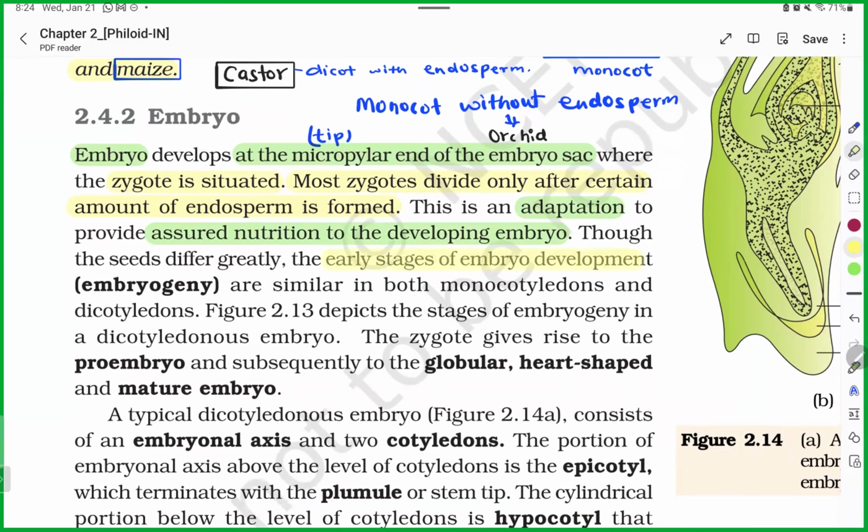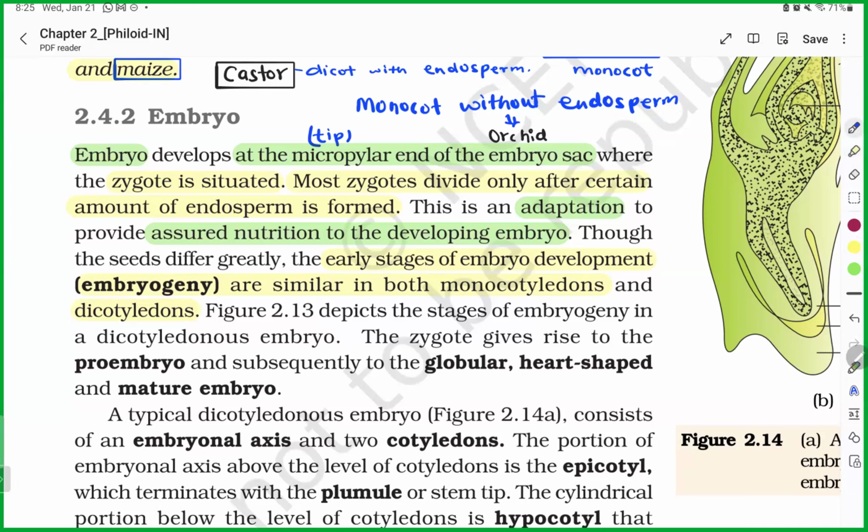Early stage of the embryo development is known as embryogeny, which is similar in both monocot and dicot. Not only in the plant. If you compare birds, mammals, reptiles, the early embryos of all these organisms look the same.